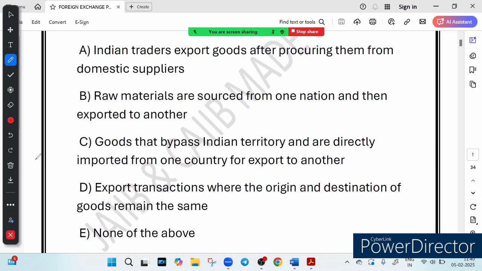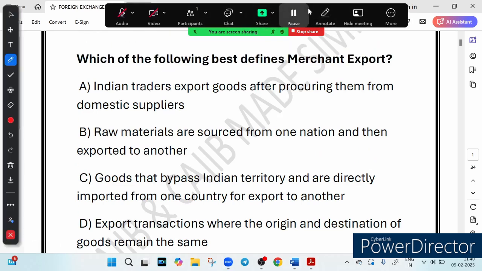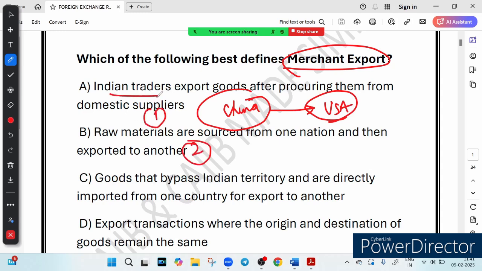So what is the key takeaway? Let's summarize what we have learned in this question. When we talk about merchant export, it means we are buying from one foreign country and selling to another without goods entering India. For example, an Indian trader buys goods from China and directly sells them to a buyer in the USA. Second, this is not a normal export, because normal export involves Indian products. Also, merchant export deals in finished goods, not raw material.